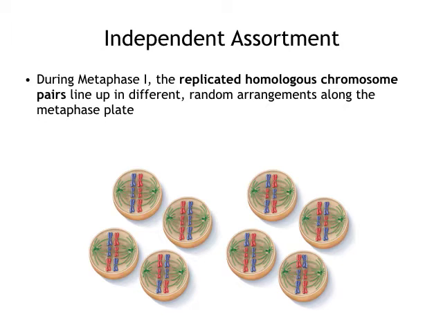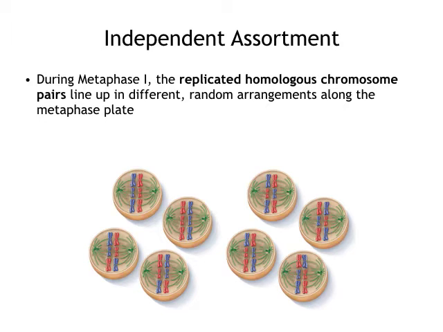It's just random that they ended up that way. Each pair can line up in a different arrangement. If you look at the second cell, chromosomes 1 and 2, the blue ones, are on the left, whereas the third chromosome, the red one, is on the left.